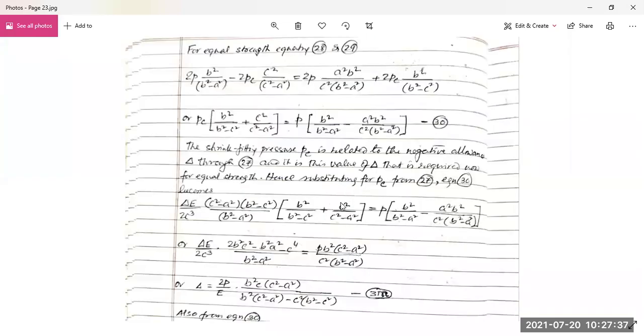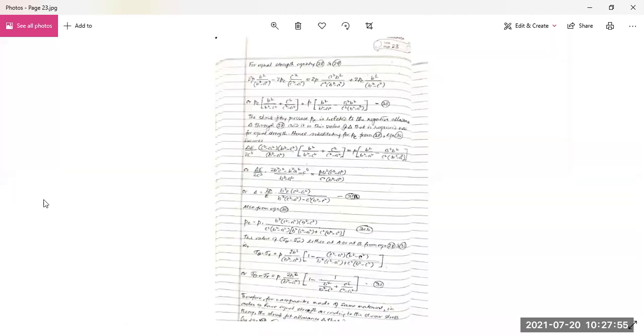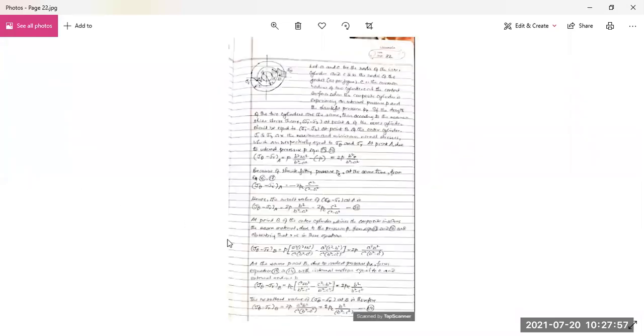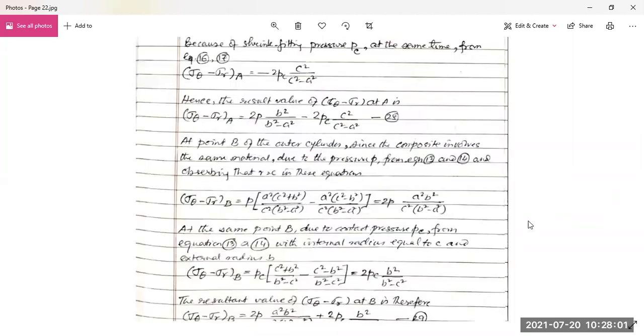For equal strength, equating 28 and 29, this equation will reduce. The resultant is similar at A, this 28, at B is this.